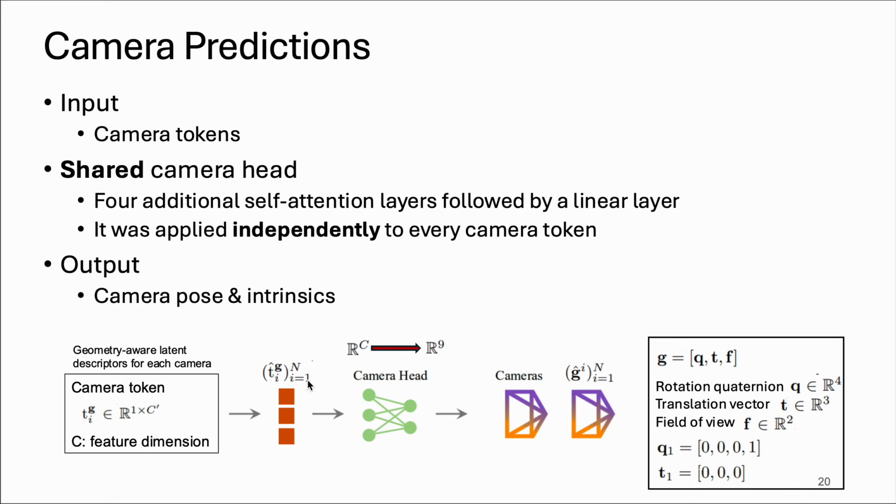The input contains n frames and the output also contains n frames, which means n camera tokens. These tokens feed into the camera head.